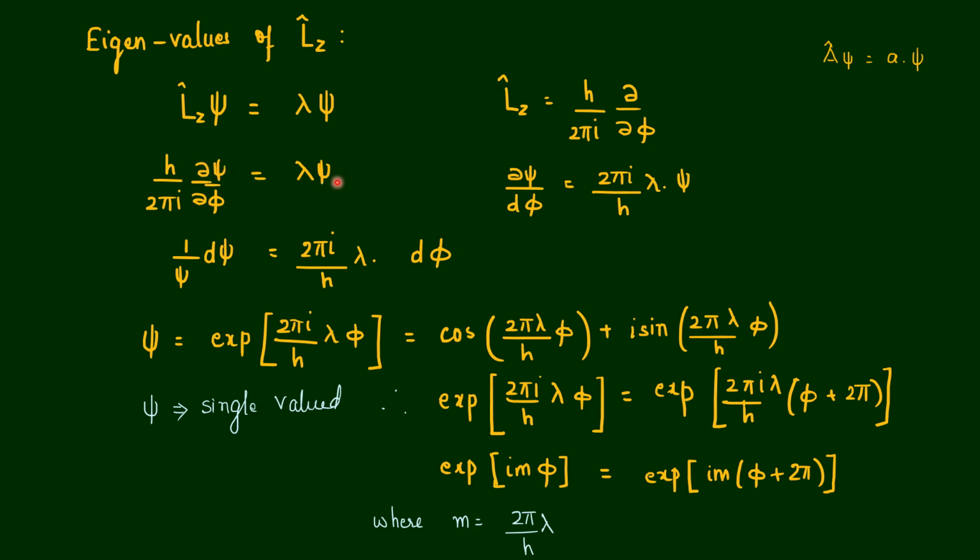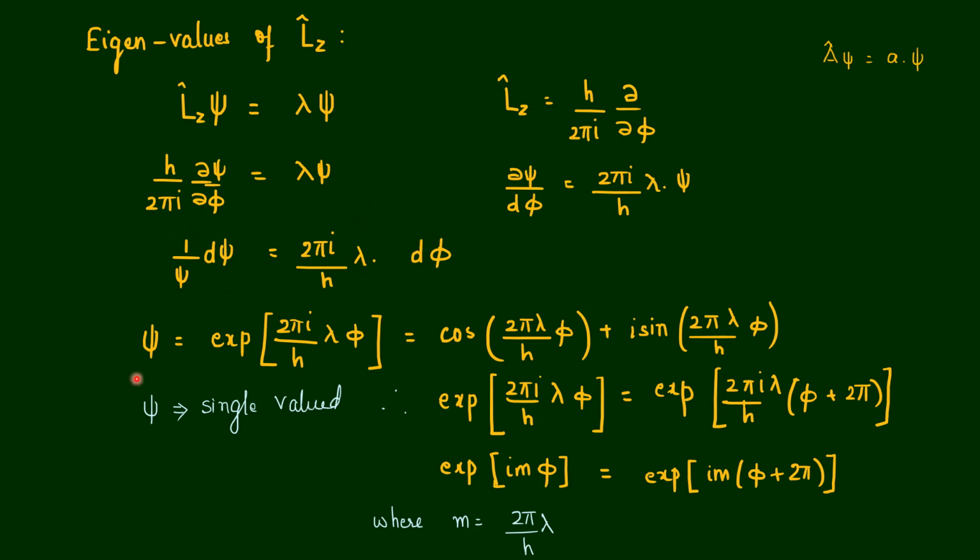lambda psi. If we rearrange this, we get del psi upon del phi is equal to 2 pi iota upon h lambda psi. Just separate the variables, bring psi and phi on the other side and integrate this.